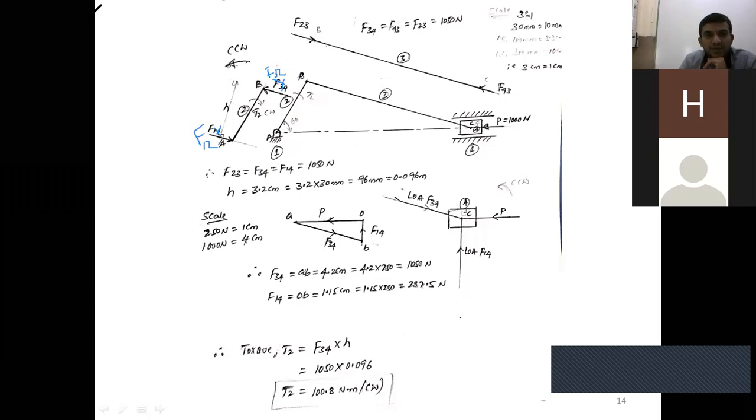F32 is equal to F23, right? Yes, F23, but acts in opposite direction. See, F23 is acting in this direction. Now F32 is equal to F23, then that is equal to F12, not 4 here, it is 2.